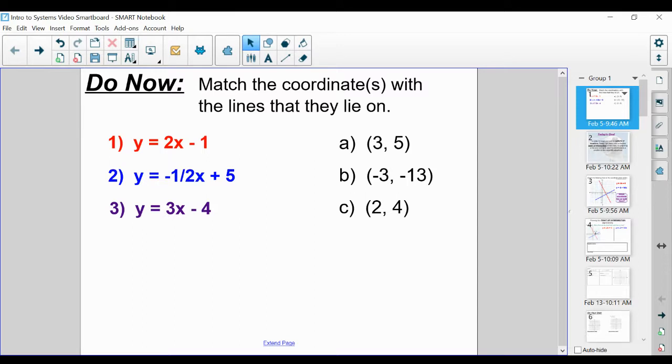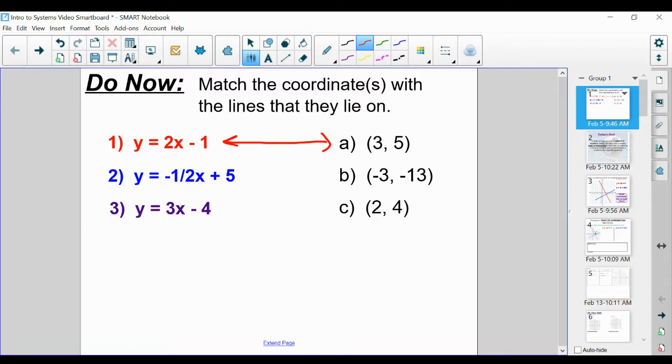All right, so hopefully we found that for line 1, 3 comma 5 is on that line. If we substitute in 3 and 5, we get 5 is equal to 2 times 3 minus 1, and 6 minus 1 is indeed 5. Looking at the rest of our equations, could this lie on another line?